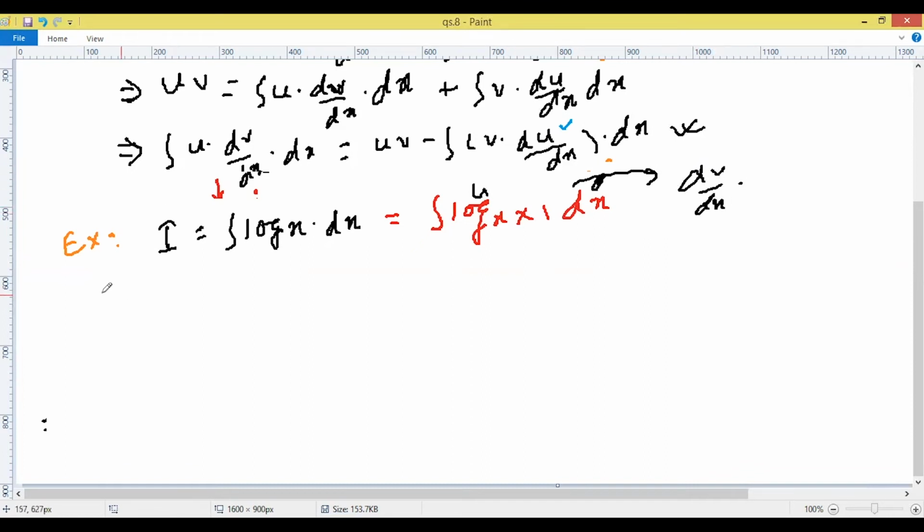So let's suppose u equals log x and dv by dx equals 1. And let's see in this formula, towards the right side, you require u. So we already have u equal to log x, and then we also require v over here. So how do we get v? Just by integrating this.